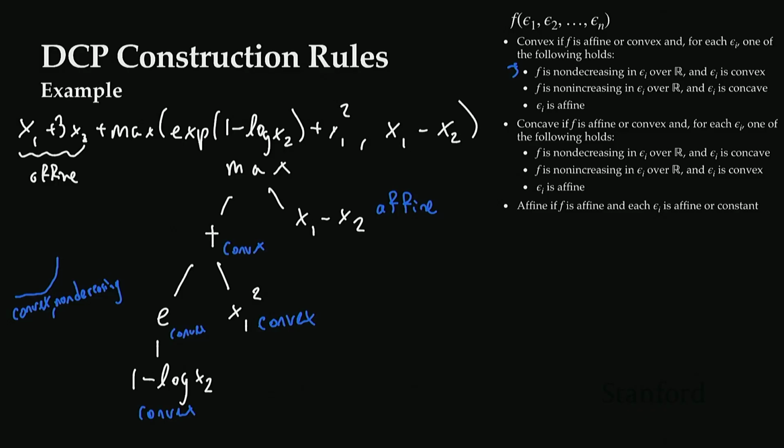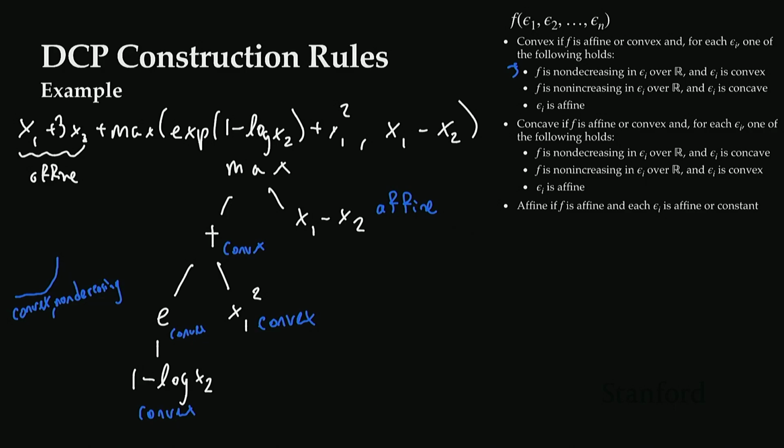And then we have max over a convex and an affine thing. So max is a multivariate function that is going to be convex and non-decreasing again. If you increase any value of any variable in a max, the result is only going to go up, or it's not going to go down, so it's non-decreasing.